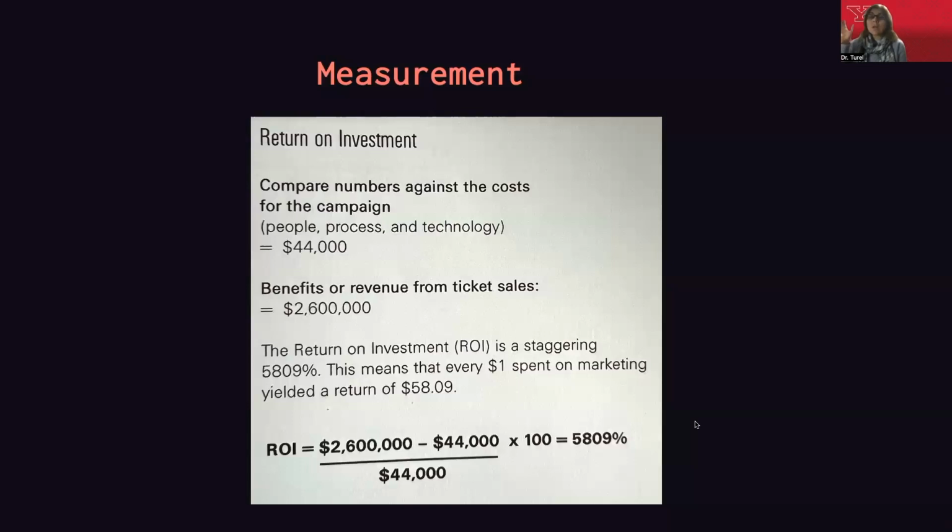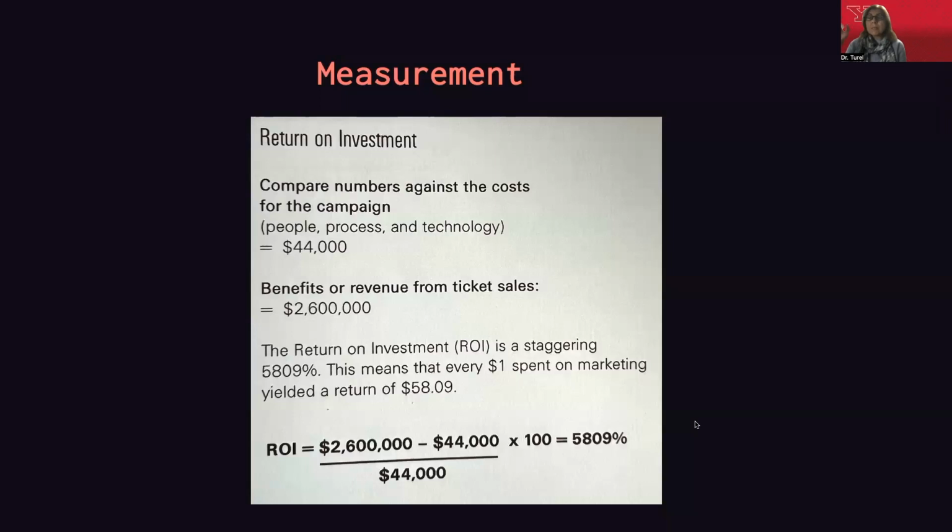And you need to understand how much it costs versus how much it helps you bring revenue. For example, you are on social media as a musician, and you are spending $44,000 for your marketing on social media. But then the revenue that you get from your ticket sales is $2.6 million. So now, what percentage of $2.6 million is 44,000?